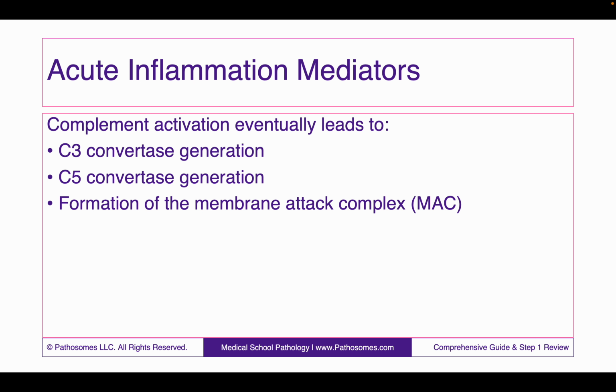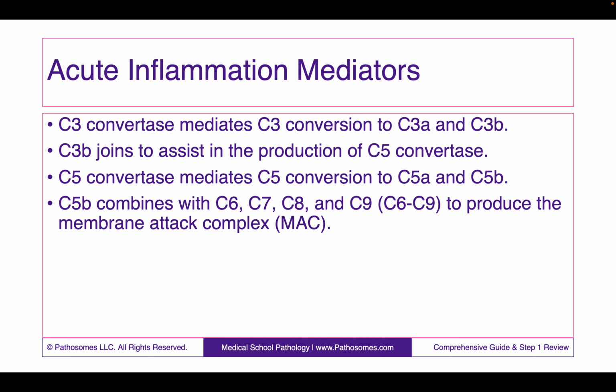Complement activation eventually leads to C3 convertase generation, C5 convertase generation, and very importantly, the formation of the membrane attack complex, the MAC attack complex. C3 convertase mediates C3 conversion to C3a and C3b.